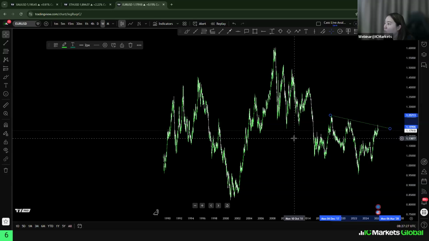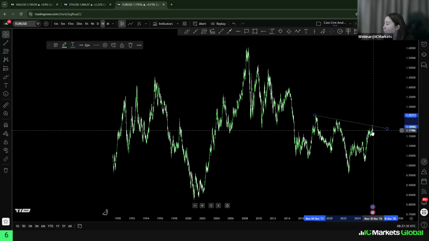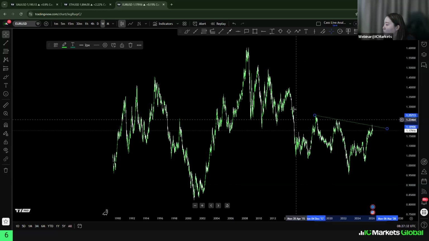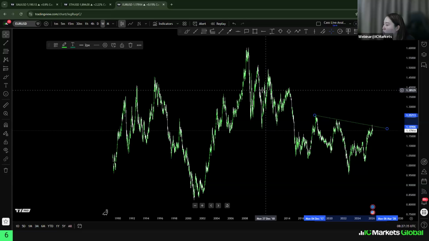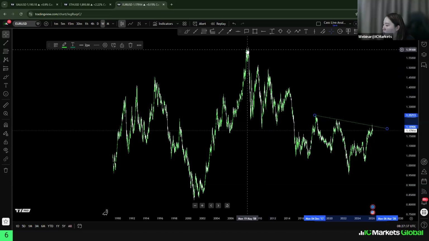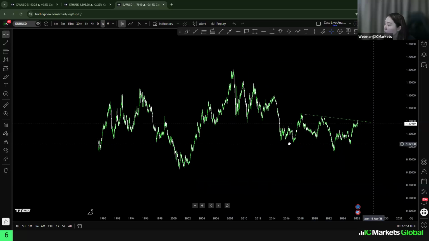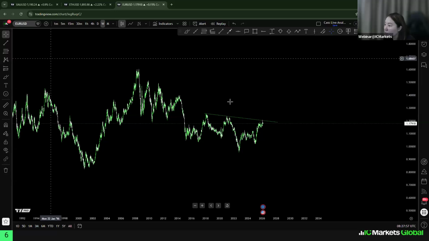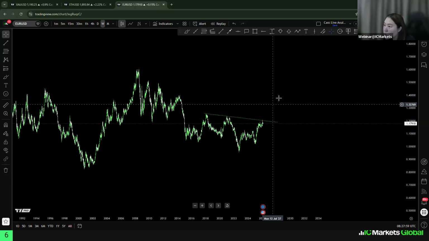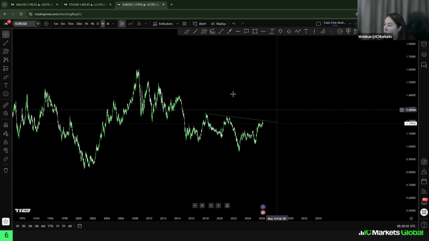For price to break a weekly trend line, especially when price has been moving on a downtrend since 2008, we're talking about an 18 years downtrend. Price has been moving on a downtrend for EUR/USD for 18 years. Is it suddenly going to break now and form an uptrend?